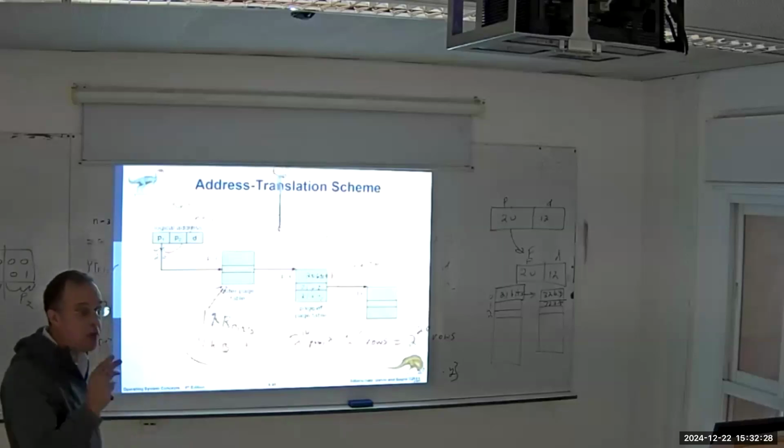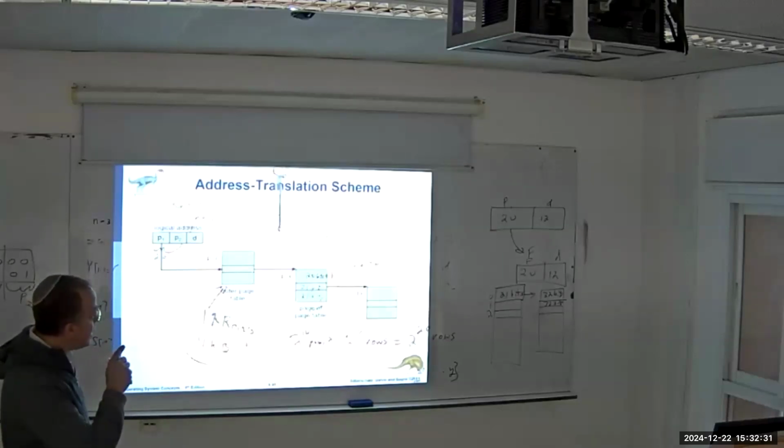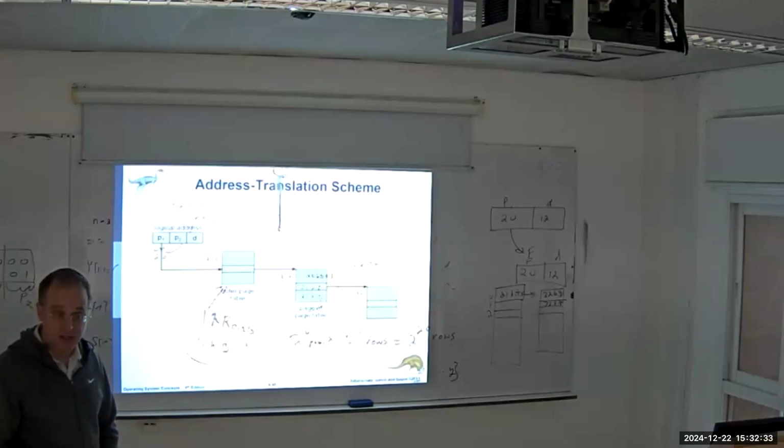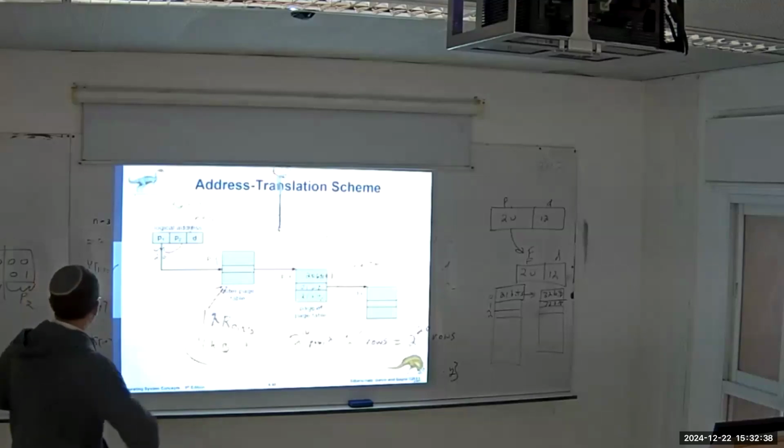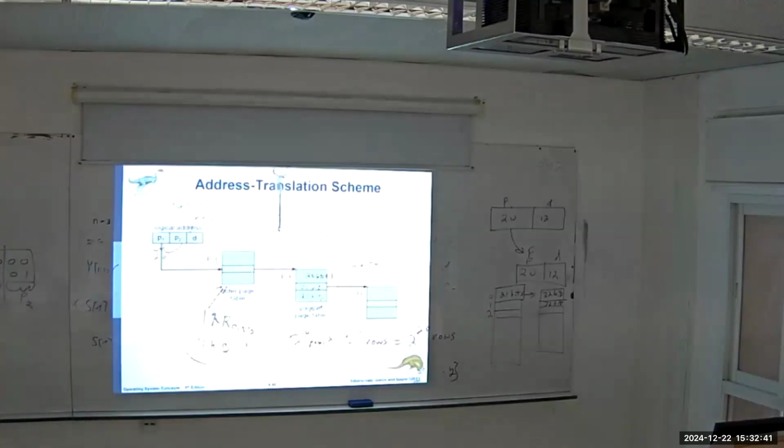Now, it's true that I can ignore the last 12 bits of the address, because they're always going to be 0. The first page of memory is from 0 to 2 to the 12th minus 1, and the next one starts at 2 to the 12th. What's the address of 2 to the 12th?